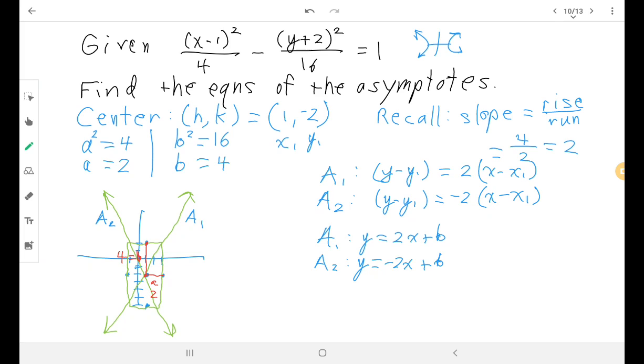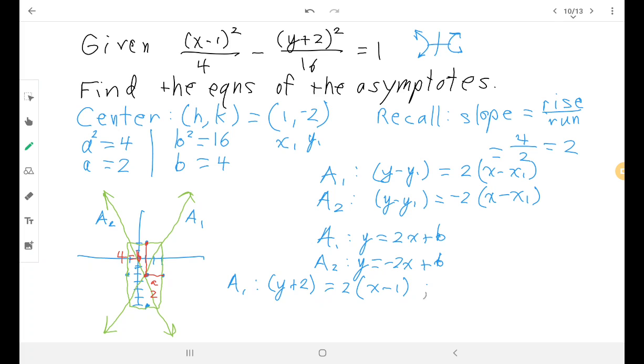So one way of writing the A1 equation is y minus -2, which is the same as +2, equals slope of +2 times x minus 1.